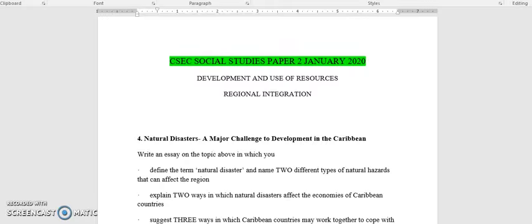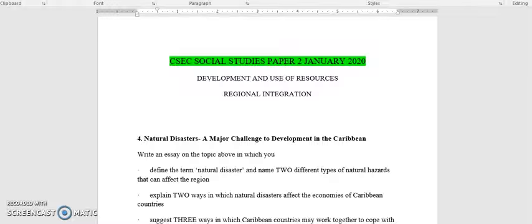And remember that on the CSEC examination paper, the regional integration essay carries a total of 20 marks, and it's a compulsory question, so it is important that you practice and practice and practice some more.